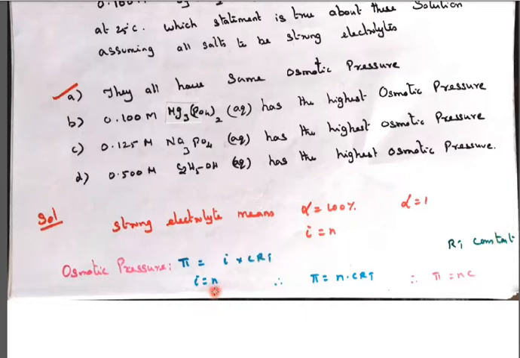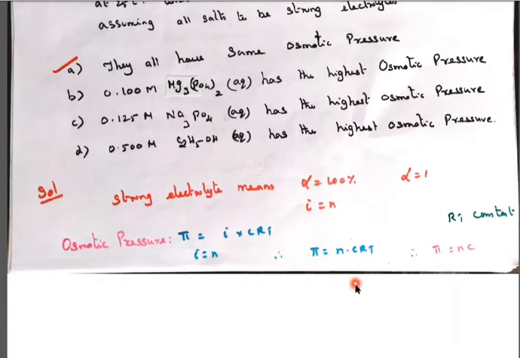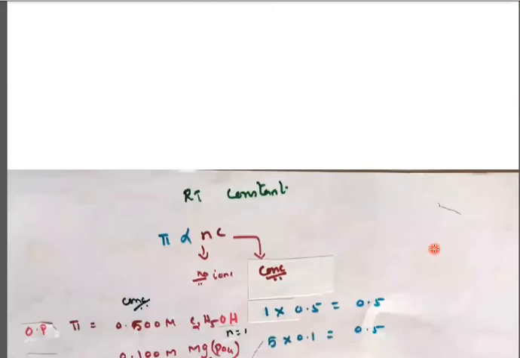For a strong electrolyte i = n, so instead of writing i, we can substitute n: π = nCRT. With RT constant, π = nC. So osmotic pressure is directly proportional to the number of ions and the concentration.